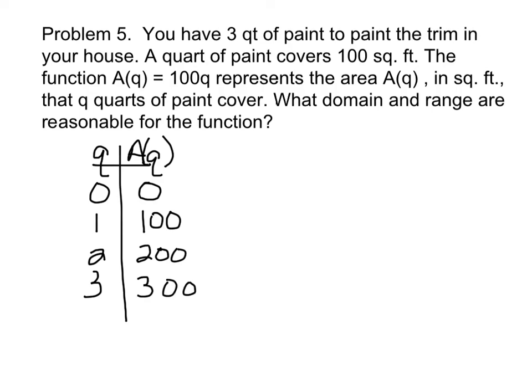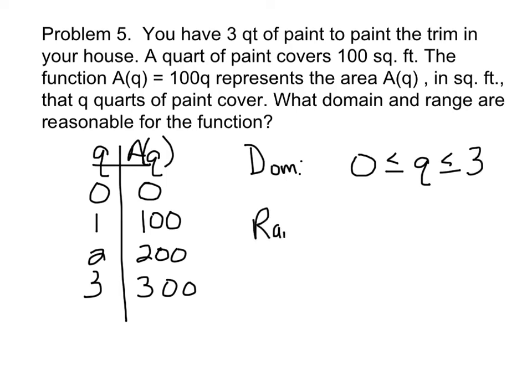So you have to understand that your quarts of paint are going to be any amount of paint from 0 to 3. Now you can't just have 0, 1, 2, and 3, because you could use a half a quart of paint or a quart and a half of paint. So this is how you'd write it. Your domain: 0 is your smallest, so your quarts have to be greater than or equal to 0, but less than or equal to 3. We have to write a conjunction.